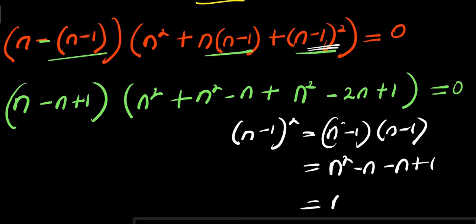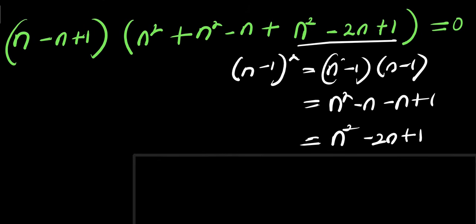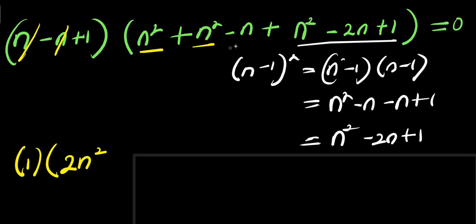So this will give you n^2 minus 2n plus 1, just like what we have here. All right, so that is that. Then from here, this cancels this, so we have 1 times n^2 plus n^2, that is 2n^2, and negative n minus 2n will give you minus 3n.